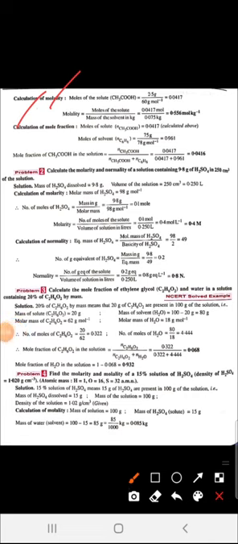Next, mole fraction. If you want to calculate the mole fraction, you have to calculate the number of moles of ethanoic acid and benzene. For ethanoic acid we already calculated the number of moles, and for benzene we use the given mass 75 gram upon molecular mass, that is 78.